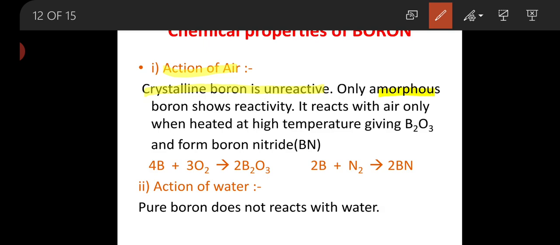whereas the amorphous form of boron is reactive in nature, and this amorphous boron reacts with oxygen to form boron oxide, as well as reacting with nitrogen to form a nitride. You can see here, when boron reacts with oxygen, it forms B2O3 depending upon the valencies.